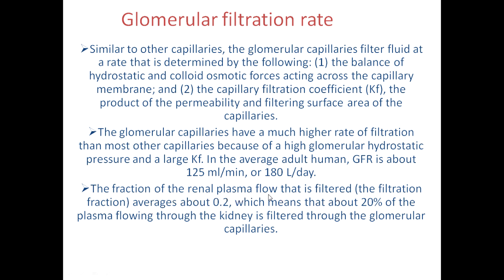The fraction of renal plasma flow that is filtered averages about 0.2, which means that about 20% of the plasma flowing through the kidney is filtered through the glomerular capillaries. So how much of the plasma flowing in the kidney, that is the blood flowing in the capillaries, is filtered?